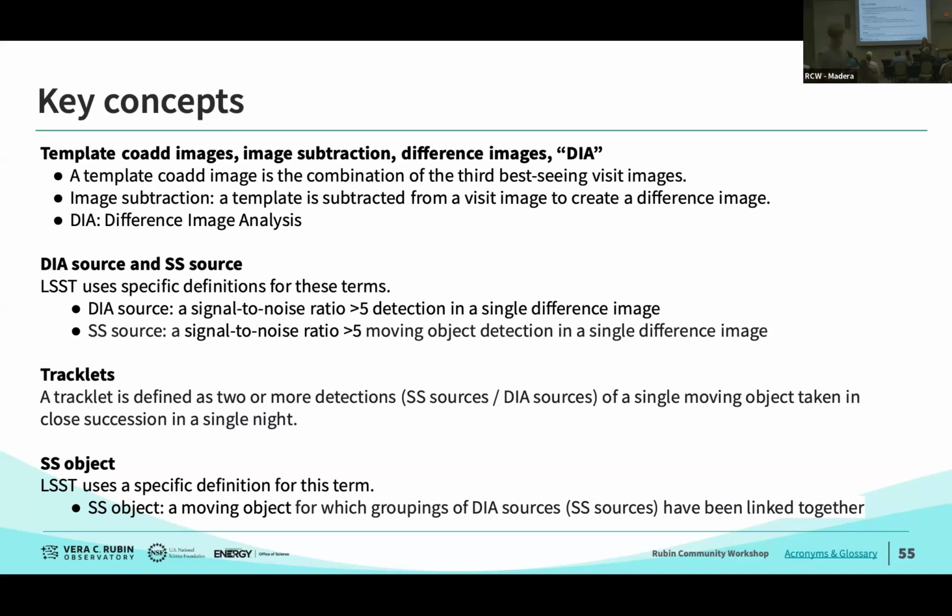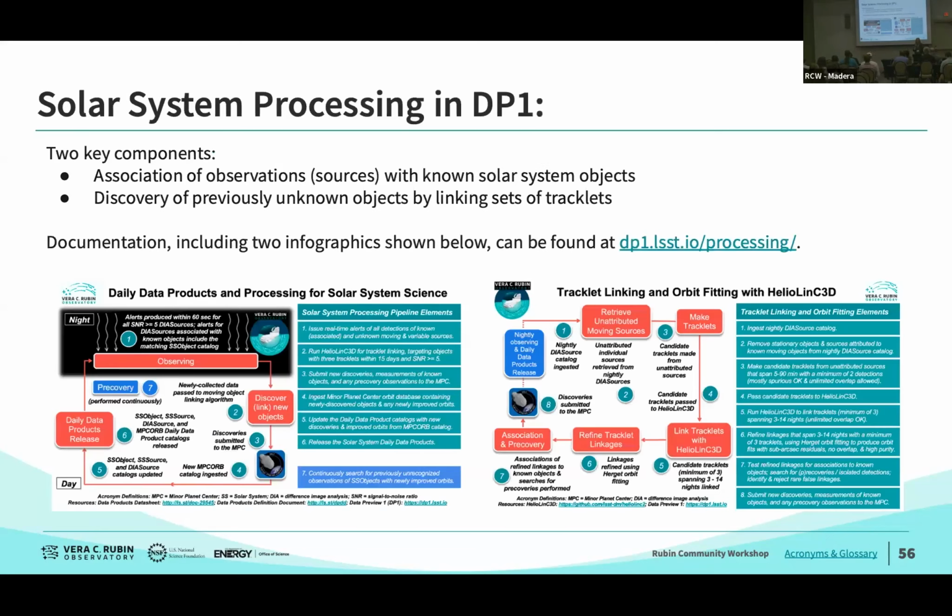And then we have solar system objects, which are moving objects for which we have groupings of these SS sources that have been linked together. So similar concepts to some of the regular DIA sources, but specifically for moving objects. We have a lot of documentation about the processing for trying to pull these moving objects out of the images.